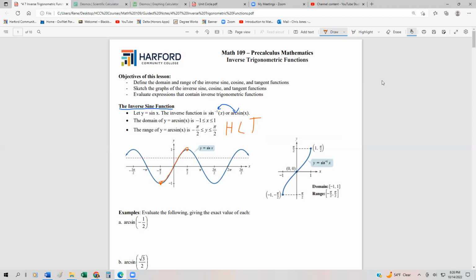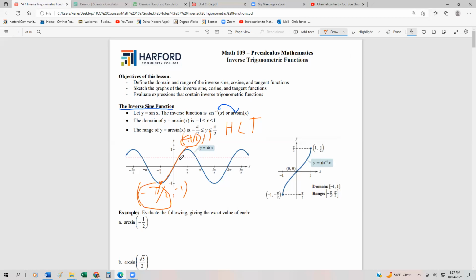This would be the point pi halves comma 1, and this would be the point negative pi halves, negative 1, on the graph. Anything past that, if I started going there, notice it would fail the horizontal line test. So the sine function is going to have an inverse over this domain from negative pi halves to pi halves.